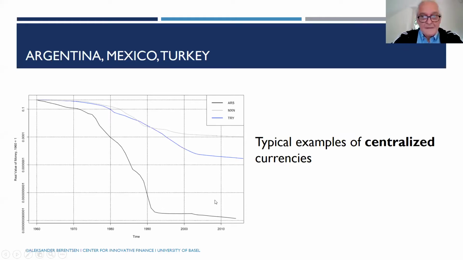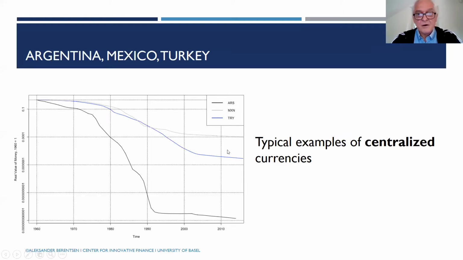Another thing that I think is important to understand is the word typical. It's typical. You almost can't find any exceptions; probably you find 1 or 2 developing countries' currencies where it doesn't look like this. It's just standard.